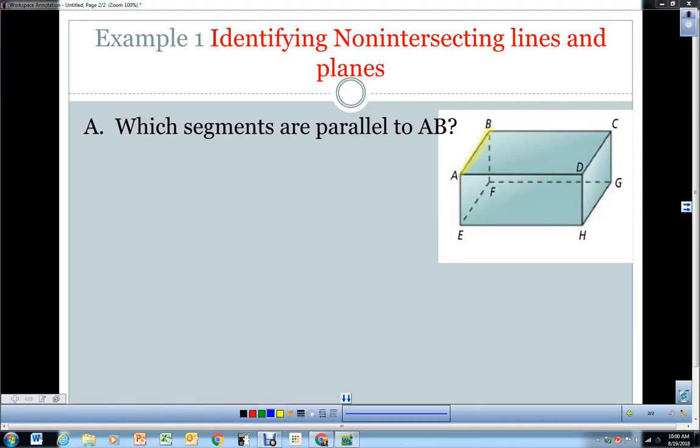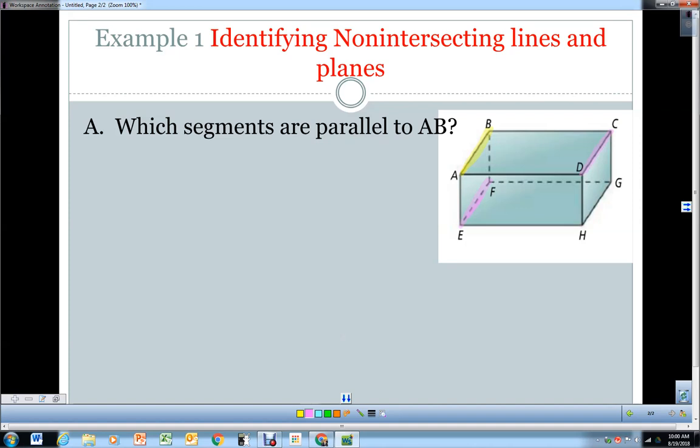We're going to go through and look at all the ones that are in the same plane that run the same direction. So as we look here, we have EF. These are in the left face here, they're in the same plane. They are parallel. We know CD is also parallel. Same plane here.